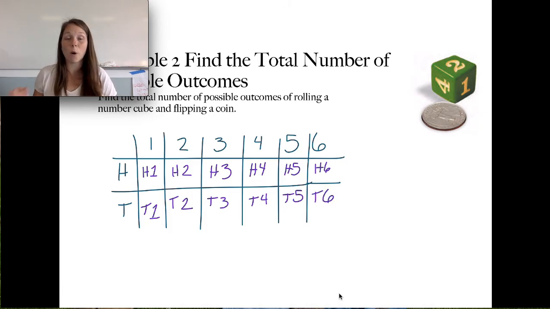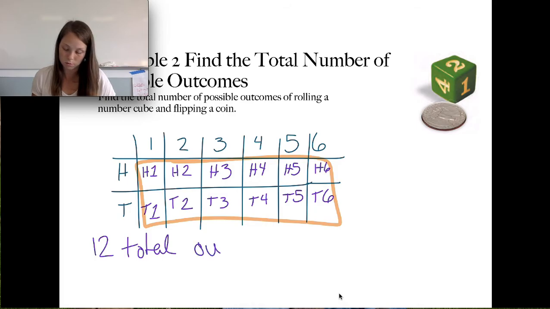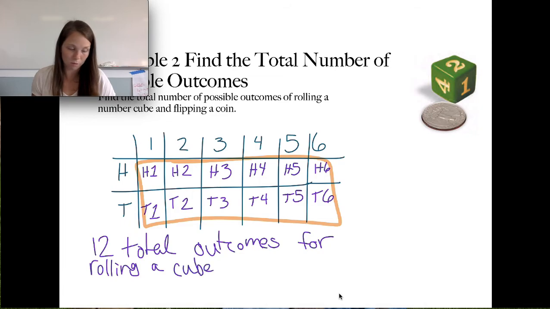Well, counting up all of these cells of all these different matchups I could get for the number cube and the coin, I get a total of 12 total possible outcomes for rolling a cube and flipping a coin.